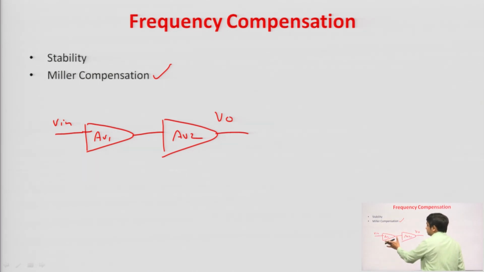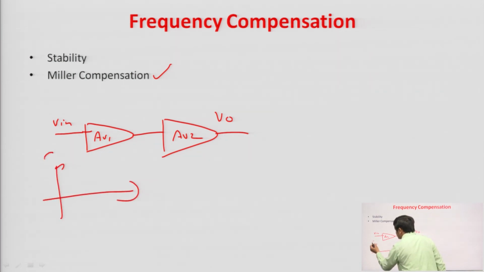Now, let us consider that this two stage amplifier is not stable. It means that the dominant pole is away from the origin, because when we plot the gain response, this is the gain response.